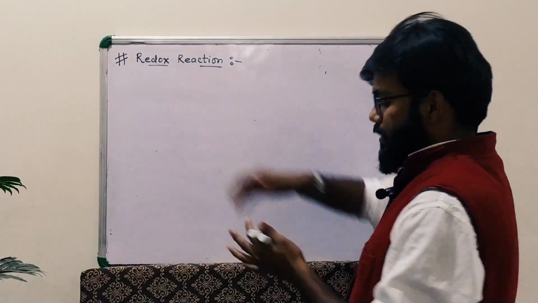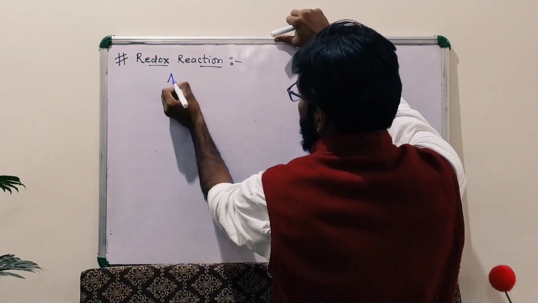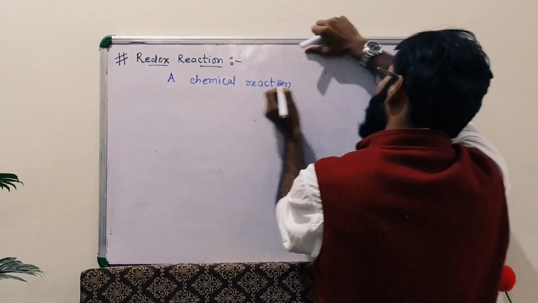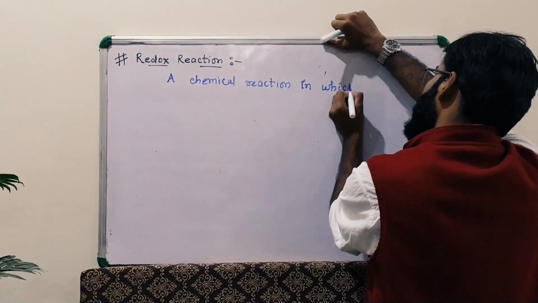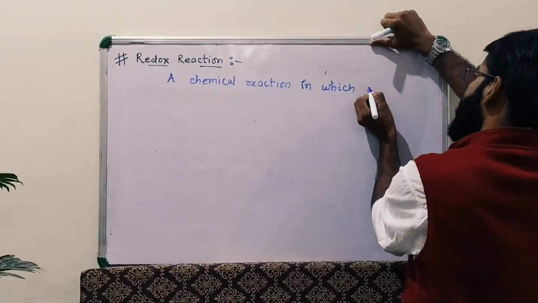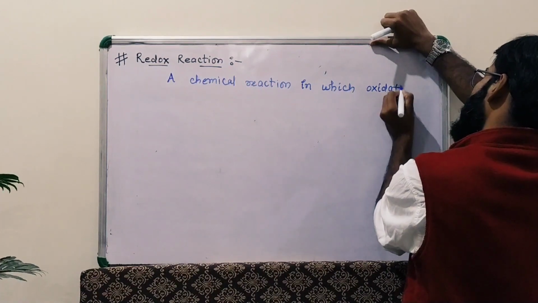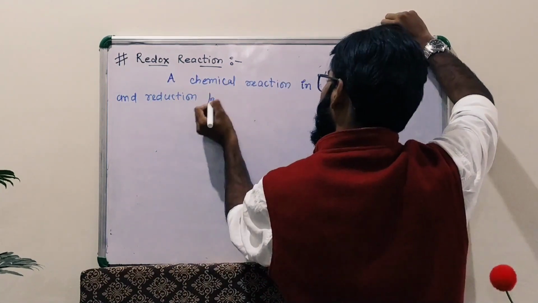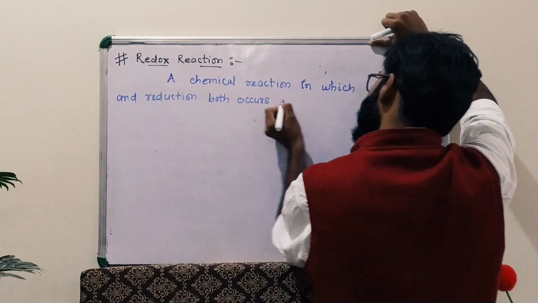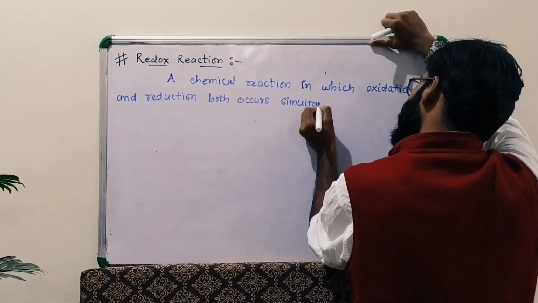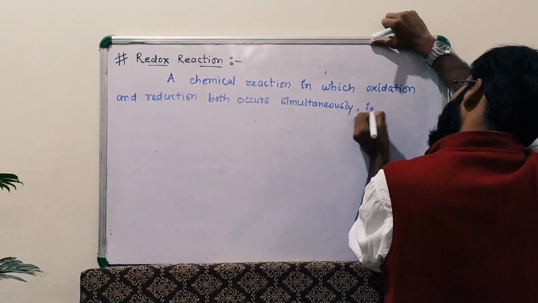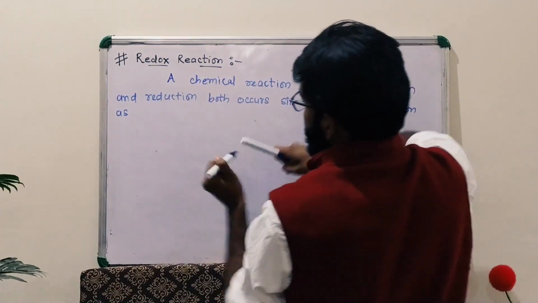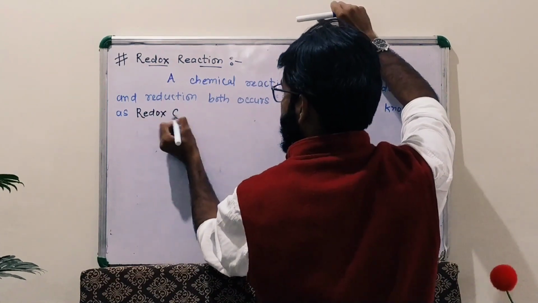So what is the definition of redox reaction? It is a chemical reaction in which oxidation and reduction both occur simultaneously is known as redox chemical reaction.